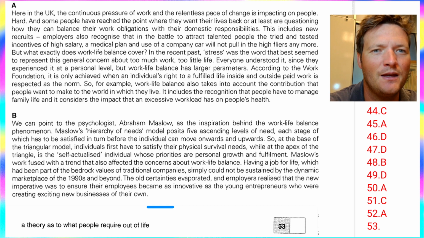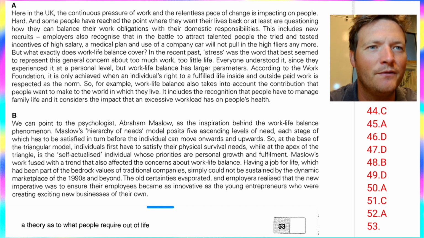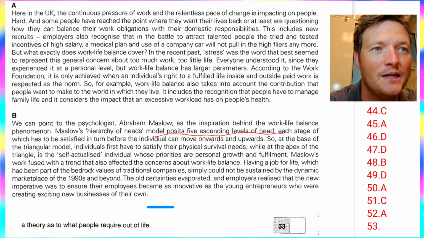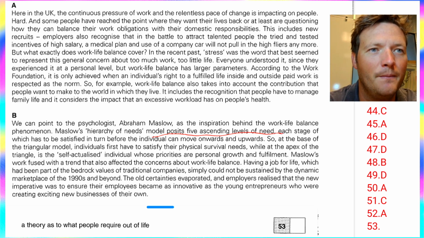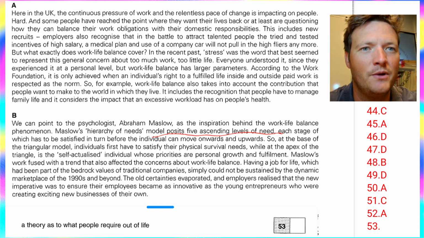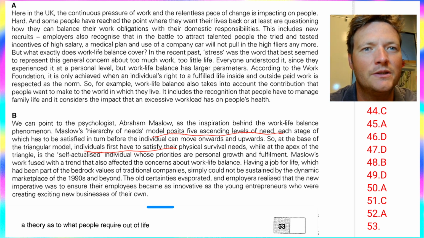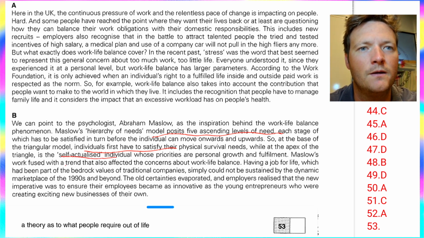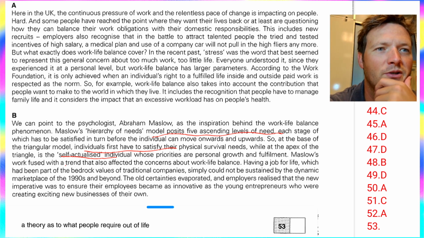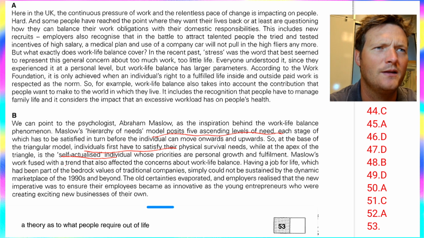A theory as to what people require out of life. The theory posits 5 ascending levels of need. So at the base of the triangular model, individuals first have to satisfy their physical survival needs, while at the apex of the triangle is the self-actualized individual whose priorities are personal growth, etc. I think it's B, right?